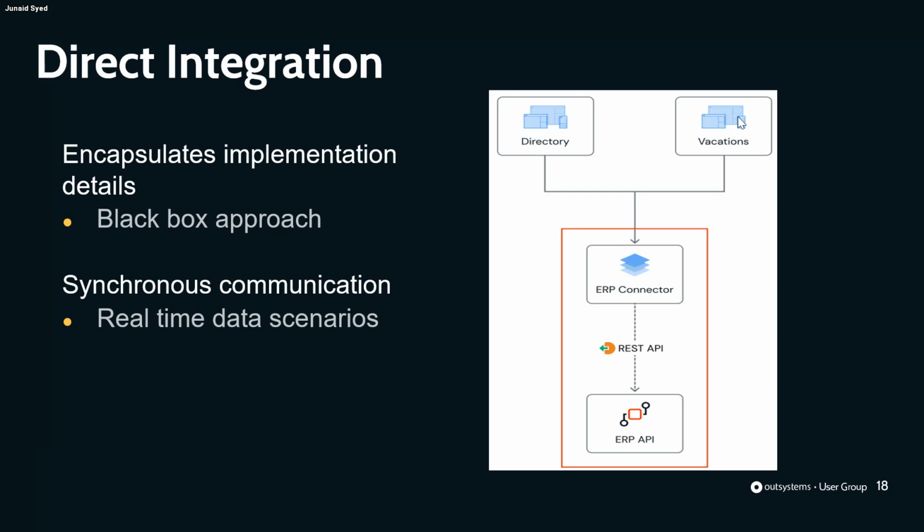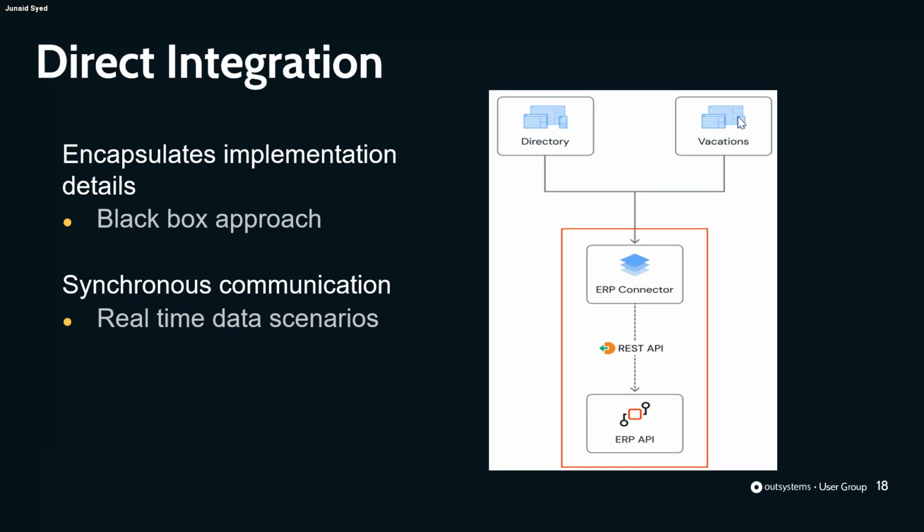All these applications need to do, through a server action or some other way of communication, is request something from the ERP connector, and then the ERP connector would take care of how to communicate with the ERP system, get the information, process it, and return it back to the directory or the vacations application.